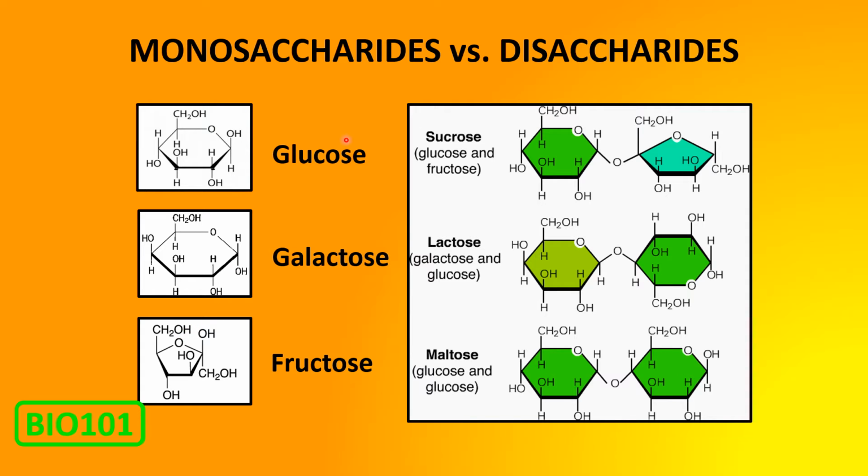If you take a glucose molecule and a fructose molecule and you link them together with a glycosidic bond by removing water, dehydration synthesis, you make the disaccharide sucrose, and you know sucrose as table sugar. So that's glucose and fructose.